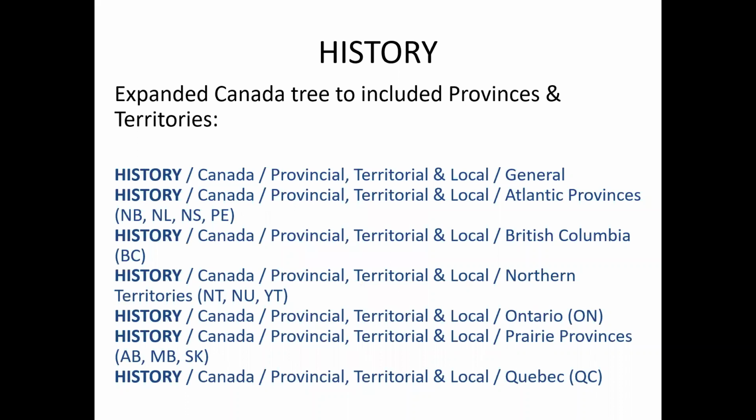We also expanded our Canada tree to include provinces and territories. There were all new headings. So we added seven new headings to Canada, all under a provincial, territorial, and local tree. And we had help in creating this tree.